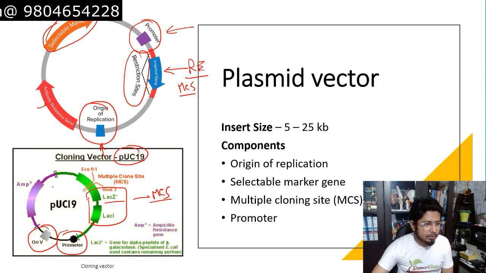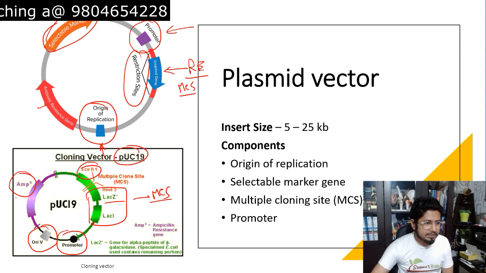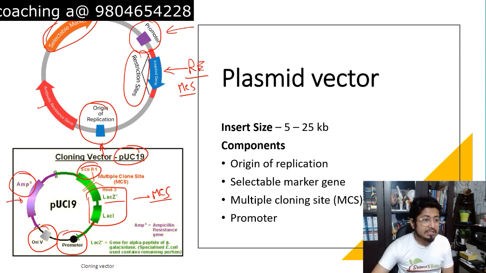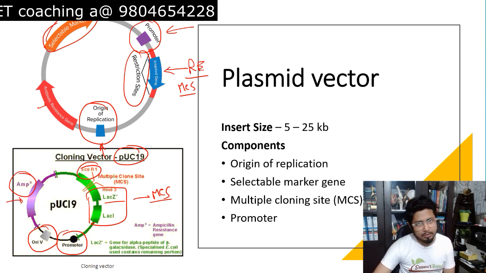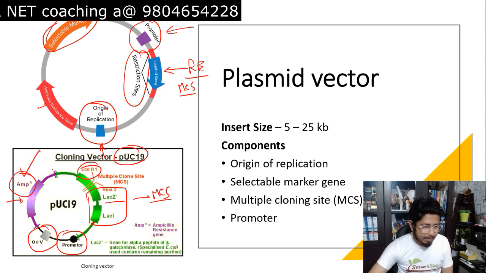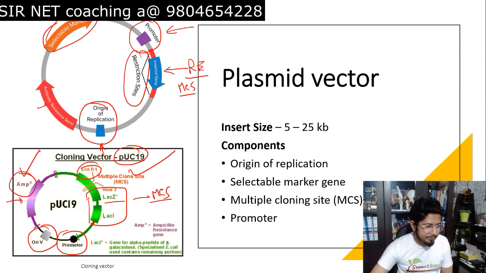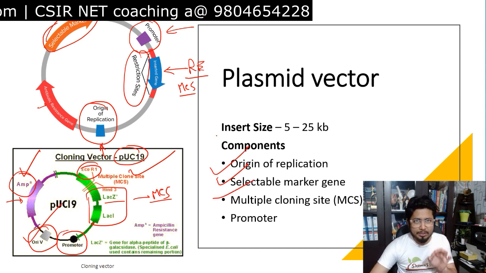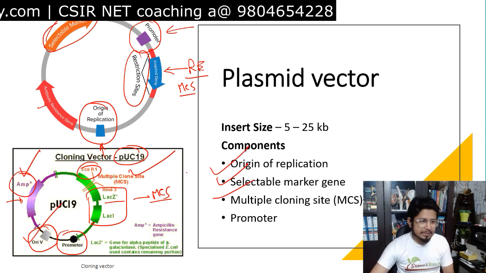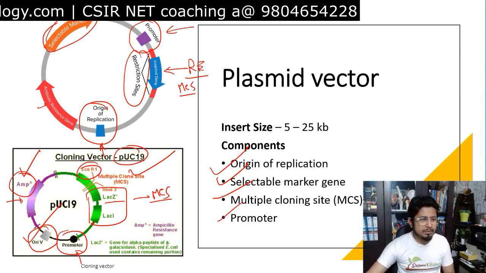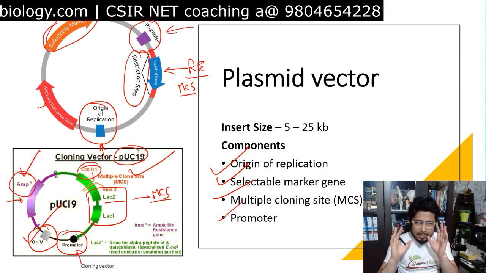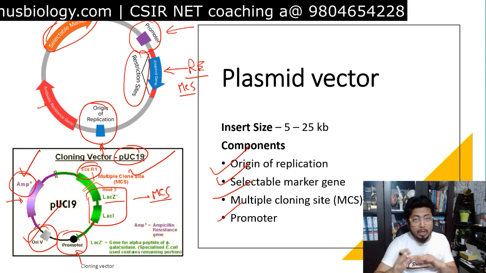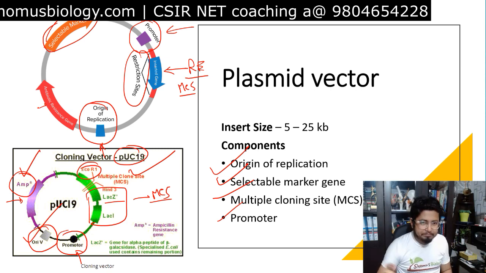And apart from that, it also has this restriction site, that is EcoRI site, and also the ampicillin resistance site, which is the selectable marker region, that is also present. So this is selectable marker, this is multiple cloning site, this is origin. These are the three important components of any vector, and promoter is also there because pUC19 can be used both as a cloning vector or as an expression vector.